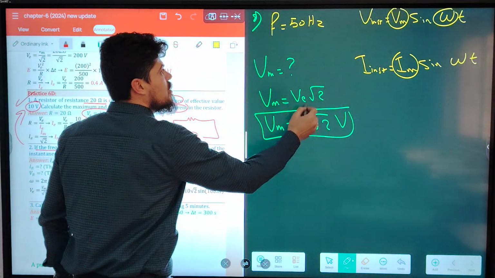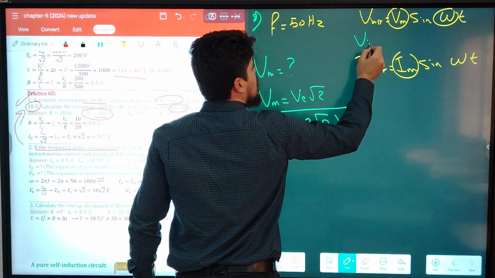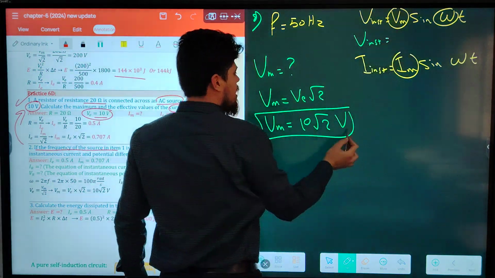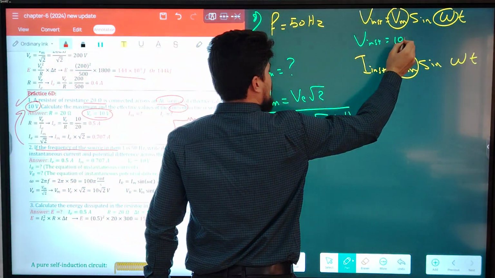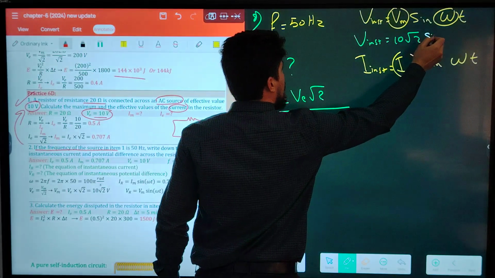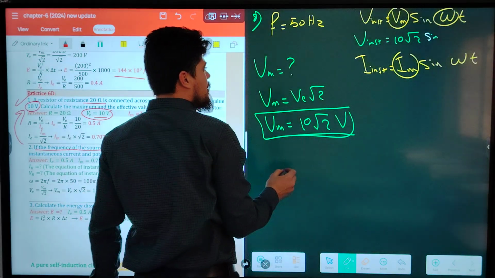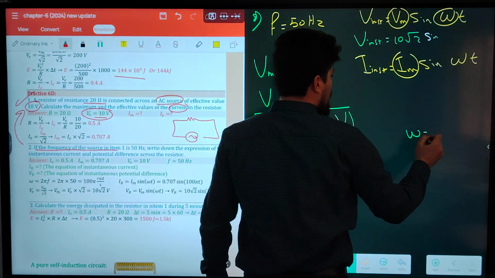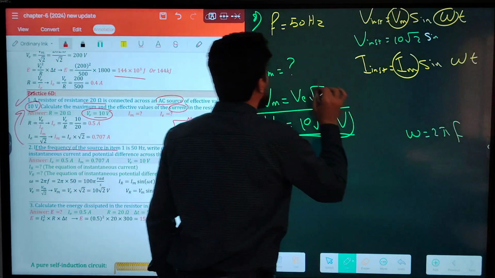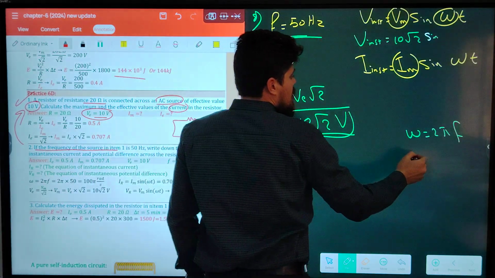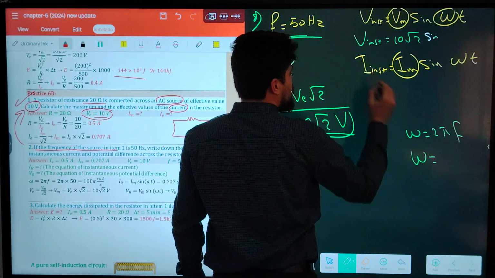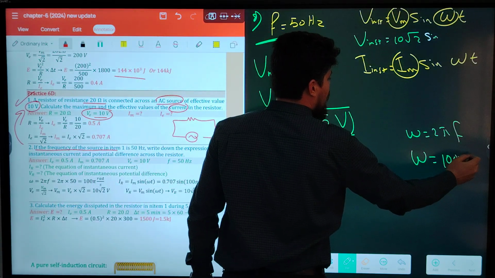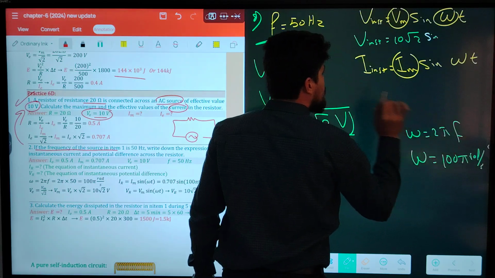We found Vm, put into this equation. V instant, instead of Vm, write 10 radical 2 sine. Omega is equal to 2 pi f. We have the frequency: 2 times 50, 100. 100 pi rad per second.